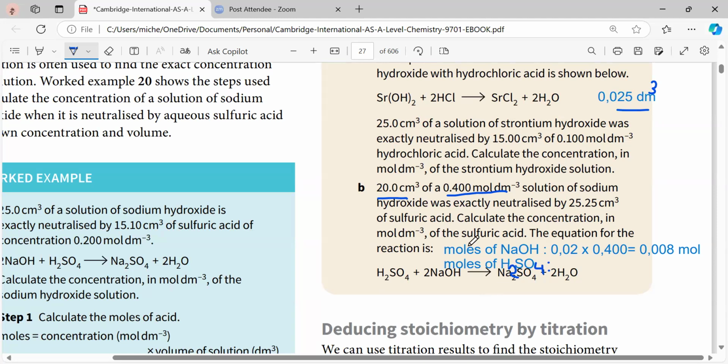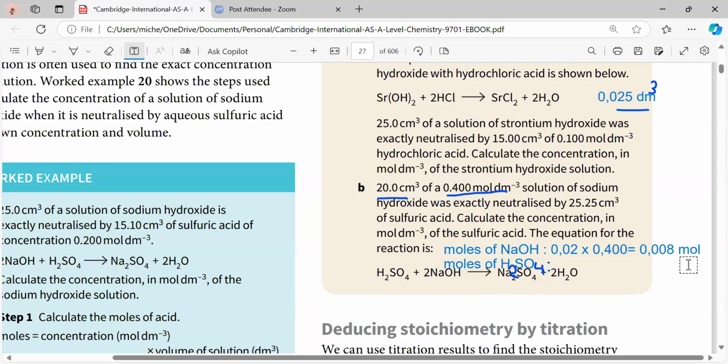It says sulfuric acid, is it? Okay, sulfuric acid. So now we're going to write this down again. We're going to pay attention to the equation again.